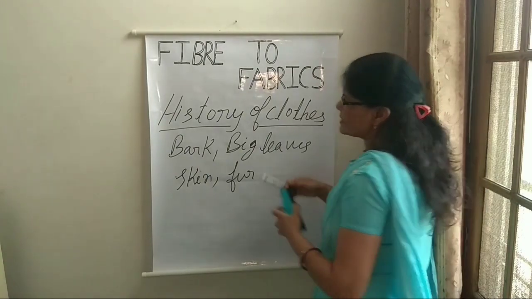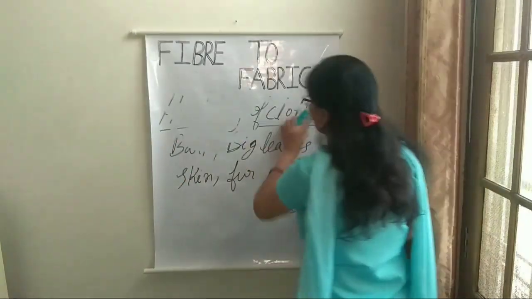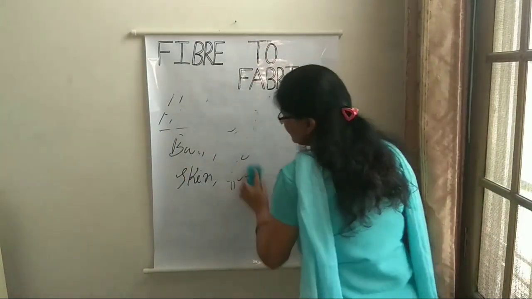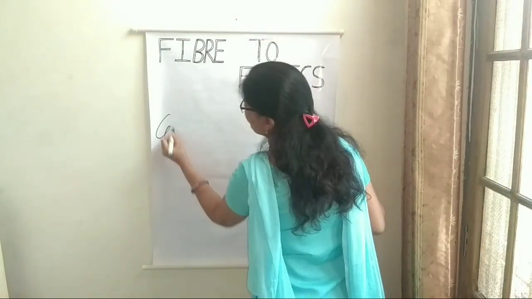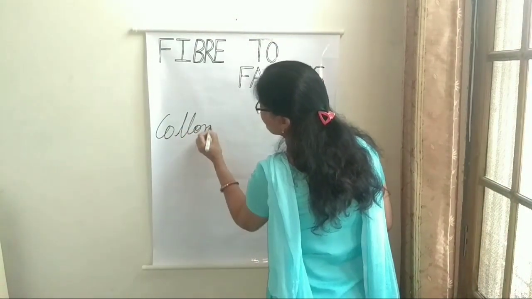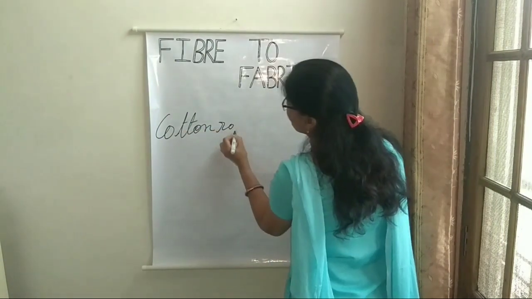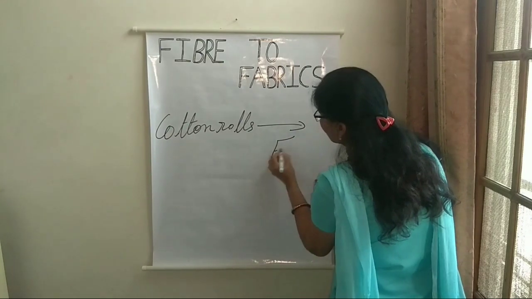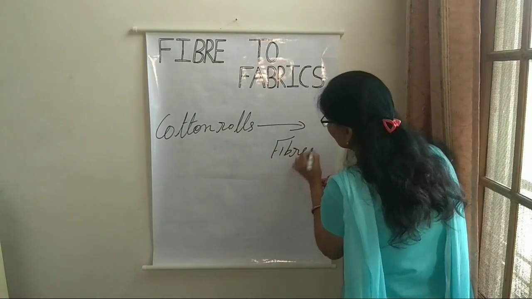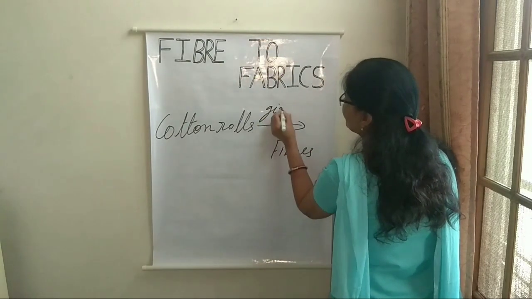Now let us revise all the things what we have done in all these three parts in short. Cotton rolls are converted into fibers by ginning.